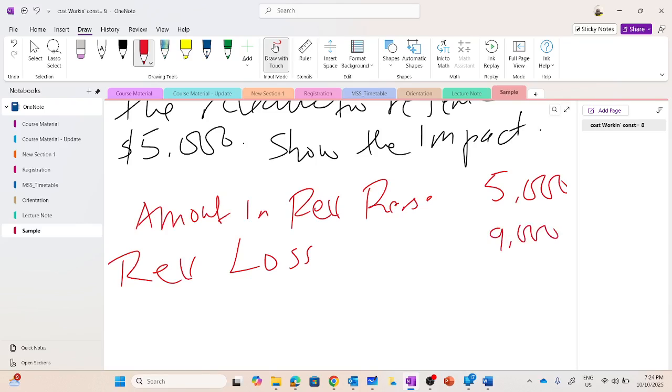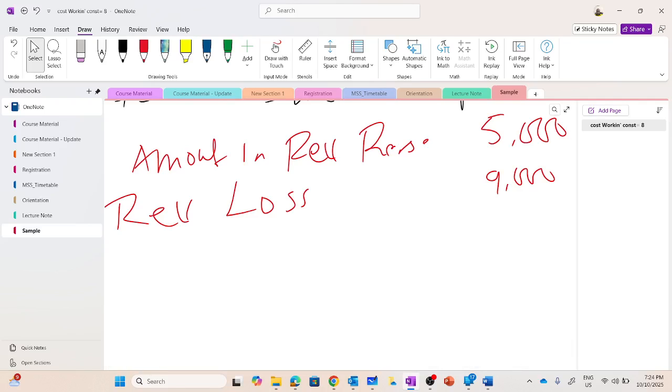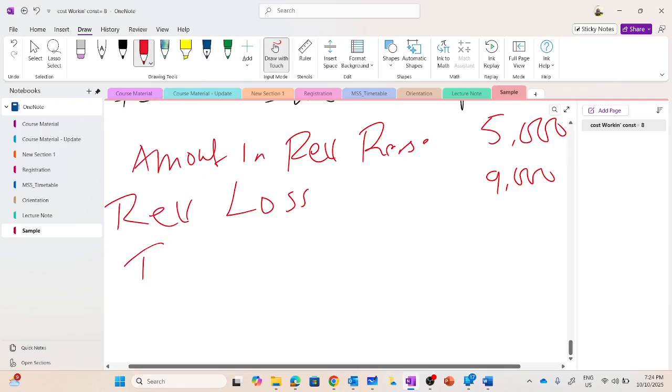Now IAS 16 is saying that we need to use the revaluation loss first against the revaluation reserve. If any is outstanding, we need to expense that particular amount. So we are going to debit the revaluation reserve with 5,000.